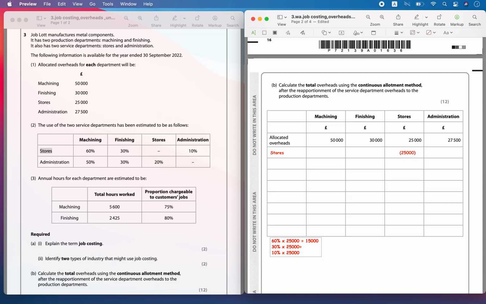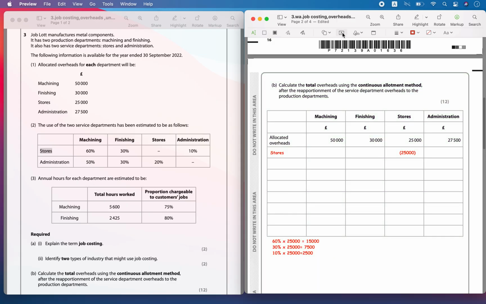Then 30% of 25,000, so 0.3 times 25,000, that is equal to 7,500. Then I have 10%, so 0.1 times 25,000, that is 2,500. So these are the costs.